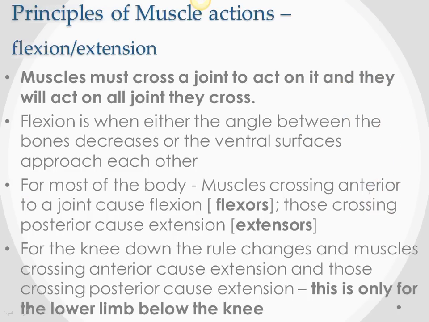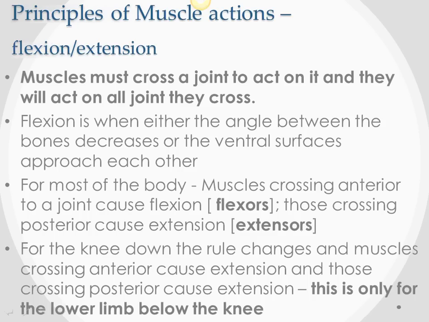But from the knee downwards, that means when you look at the knee joint and the ankle joint, the rule changes. That was because, if you remember, I told you in fetal life, the limbs rotated in such a way that the hollow of the knee faced backwards.